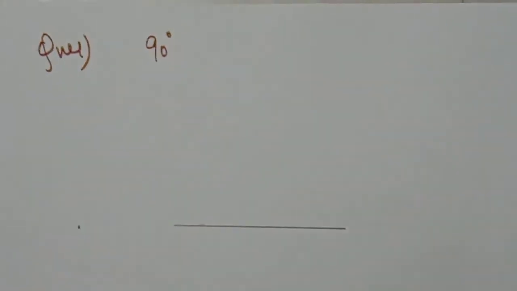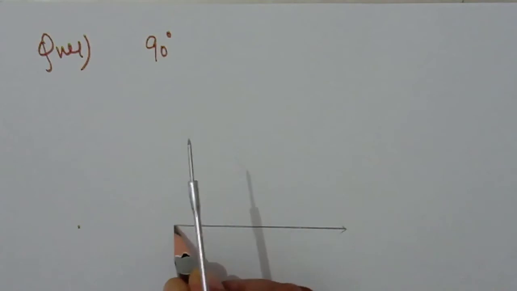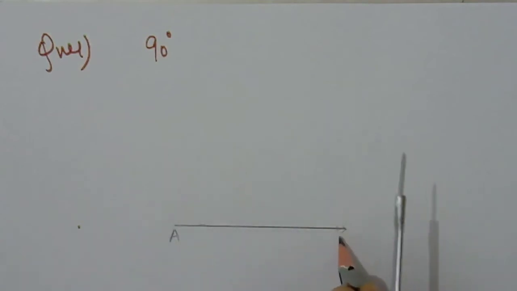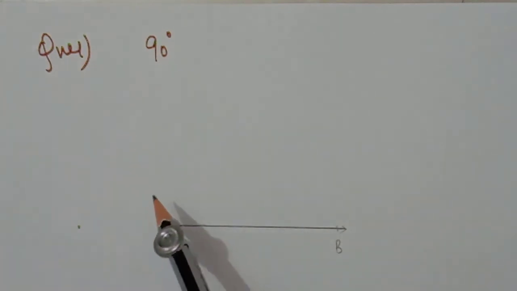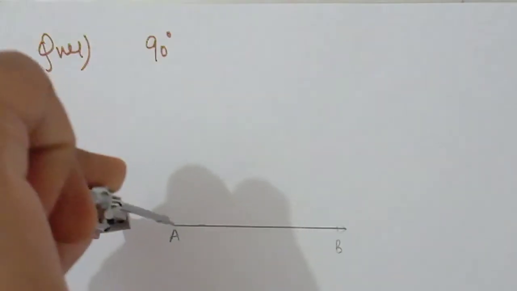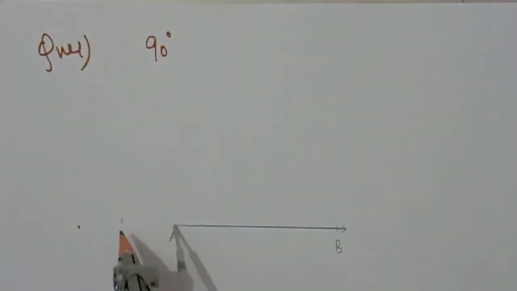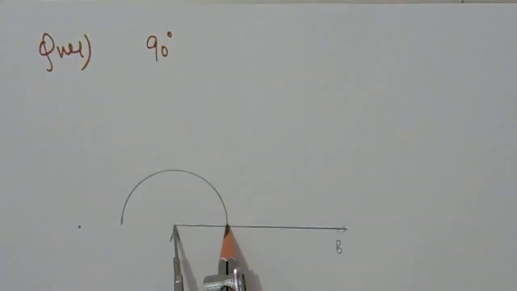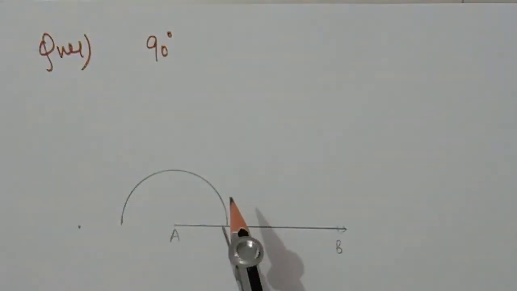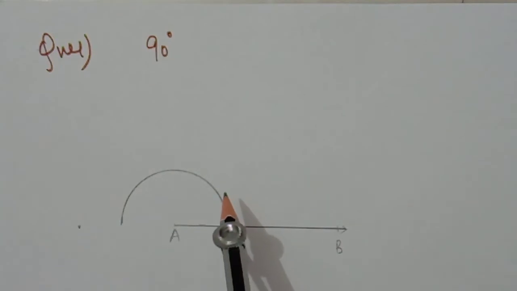This is our line segment, and this is our ray. Then open our compass, take A as the center of the circle, and draw a semicircle like this. Do not change the breadth of your compass.